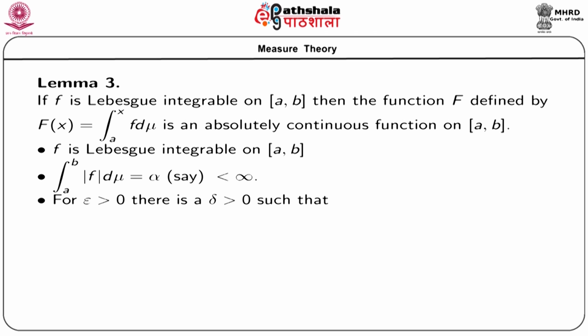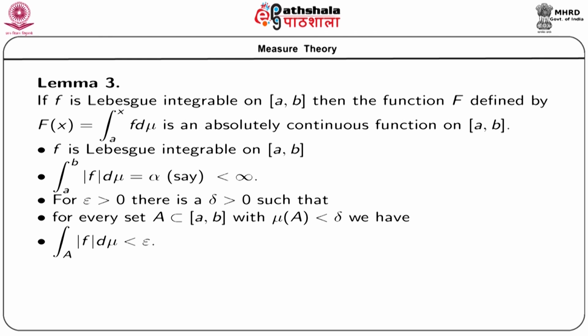For epsilon greater than 0, we can find a delta greater than 0 such that for every set A subset of [a, b] whose measure is less than delta, we have the integral over A of |f| dμ less than epsilon. So, this follows from the last result of module 1 of chapter 8.